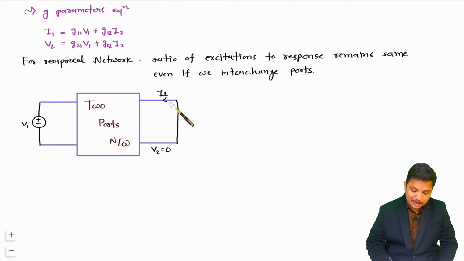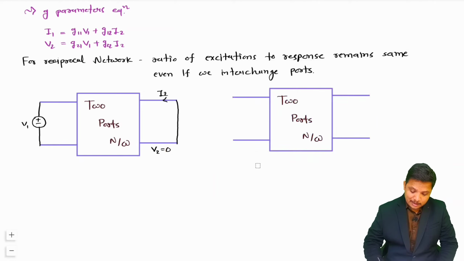So now I'll consider port 2 as the excitation port. Let me consider another two-port network, and in this two-port network I'll apply excitation at port 2. You see here I am providing excitation voltage V2, and I'll be measuring the response at port 1.